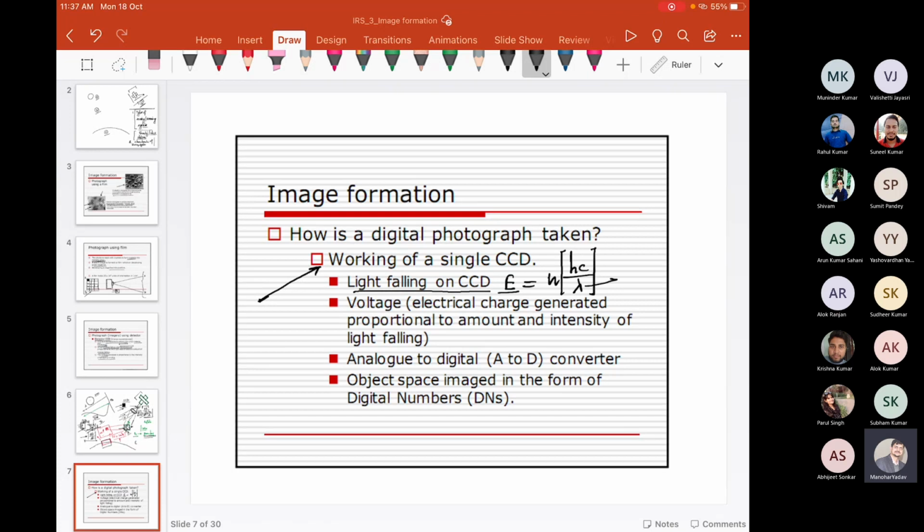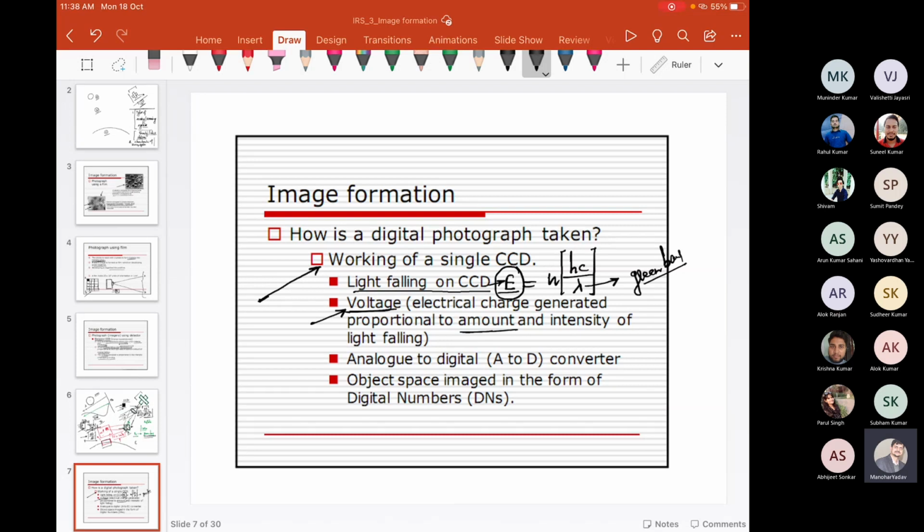Like in the previous case, we have selected wavelength in the green band. Then the corresponding voltage is generated due to this equivalent energy E. So it is an electrical charge generated proportional to the amount and intensity of light, that is, in terms of total energy E.